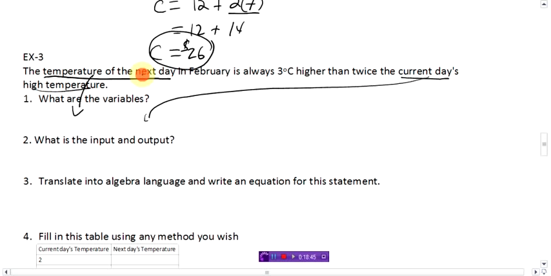Does the next day's temperature depend on the current day temperature, or does the current day temperature depend on the next day's temperature? What we're putting in is the current day. So the current day's temperature is going to be the input. And the output is what we get out, what we'll figure out, which is going to be the next day's temperature.